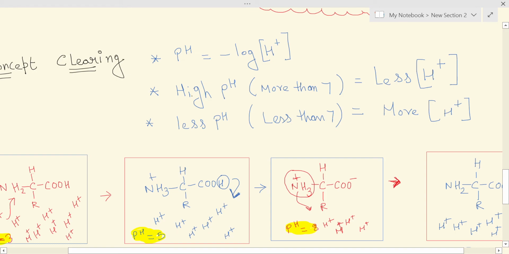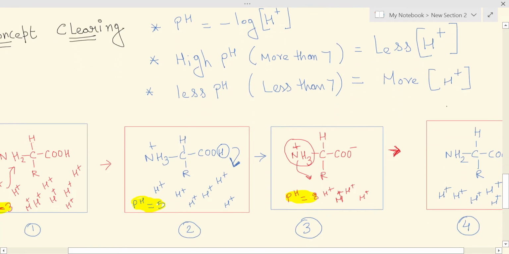When the pH is high, that is more than 7 on the pH scale, the hydrogen ion concentration will be less, because pH is the negative log of H plus ion concentration, so the pH will be more when hydrogen ion concentration is less. And when pH is less, that is less than 7 on the pH scale, the hydrogen ion concentration will be more.